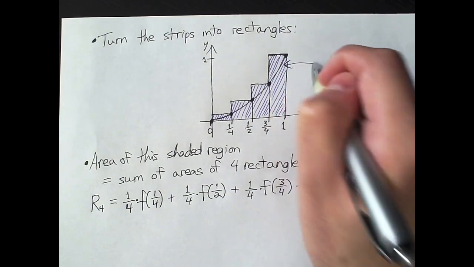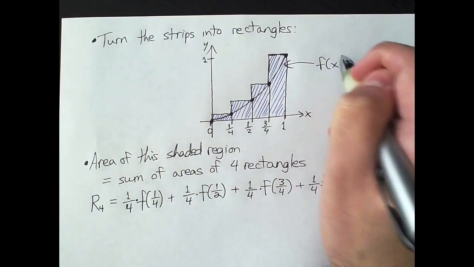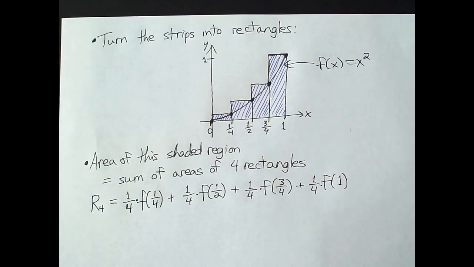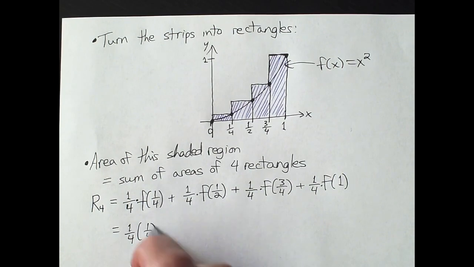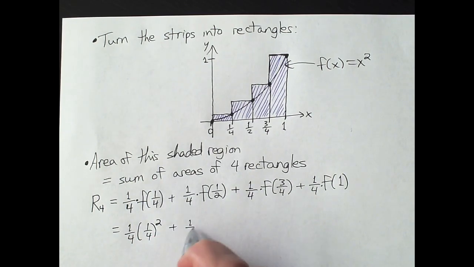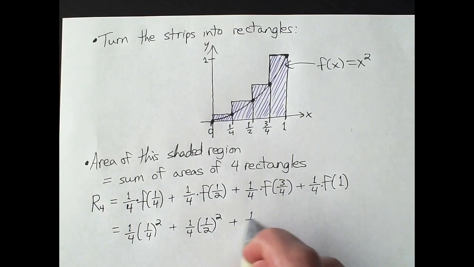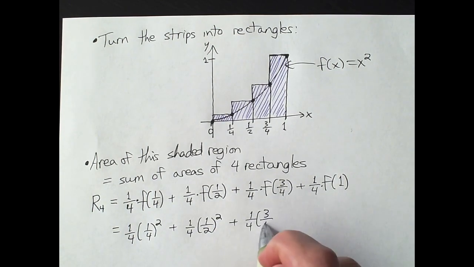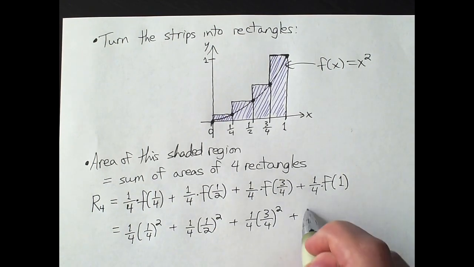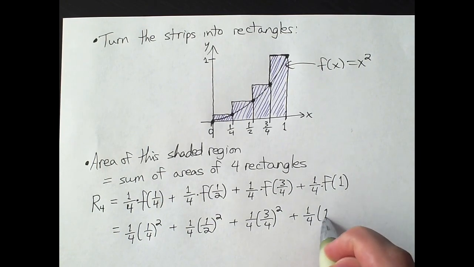Remember, the curve that we're dealing with here is f of x equals x squared. So I could evaluate this. 1/4 times 1/4 squared. This is going to give us just a number, which is good. The reason why I'm squaring these is because the function that we're working with is f of x equals x squared. So that's what you do. f of 1/4 is 1/4 squared.